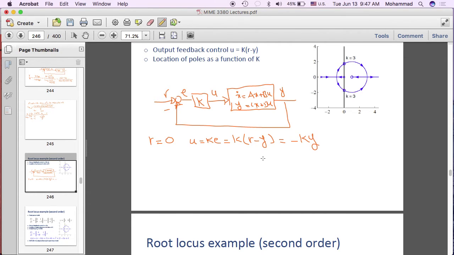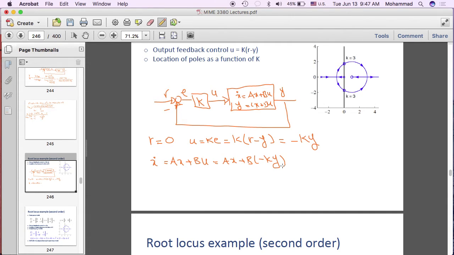So how is this helpful? It is helpful in this sense: let's rewrite our state space model. We have x dot as ax plus bu. So if you substitute for u, what is u? u is minus k times y.